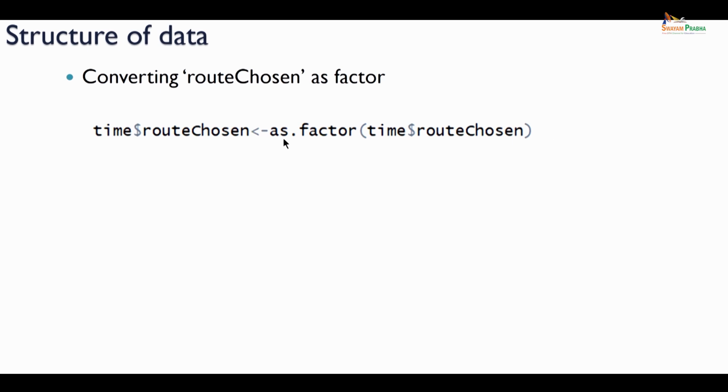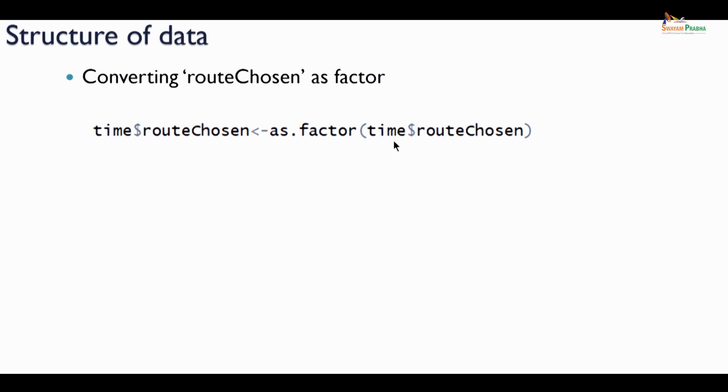This means I want to save the changes that I have made to the variable, so the variable gets overwritten. I am using the function as.factor because I want to coerce it to a new data type, and I give the variable name.